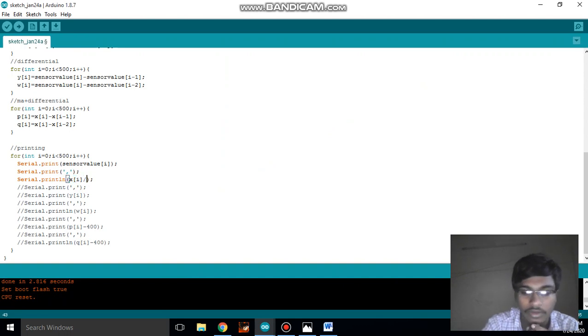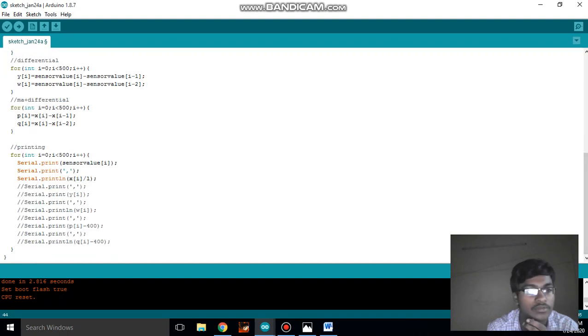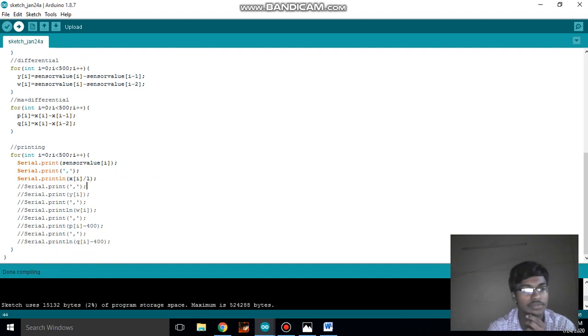So here we forgot to divide by L, so that's why the output is so much magnified compared to the input. So I divided by L, and now we can clearly observe it.